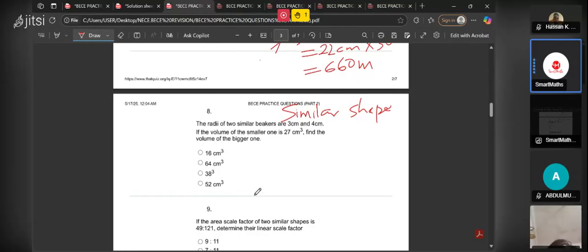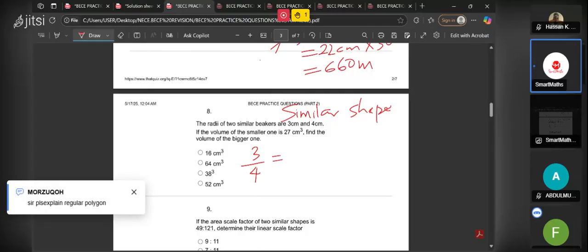So that is area and volumes of similar shape. The radii of two similar shapes are 3/4. When you have it this way, just write it as a fraction. This radii is the linear ratio. Let me write it here, linear.